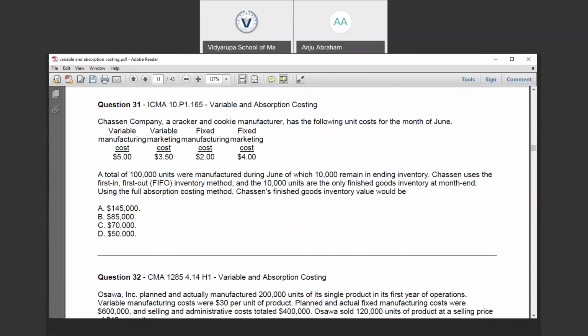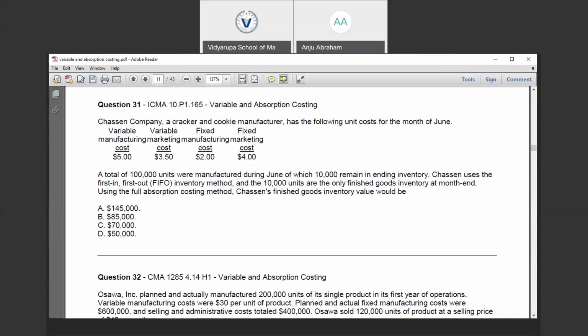Variable manufacturing, variable marketing, fixed manufacturing, and fixed marketing costs are provided to us. A total of 10,000 units were manufactured during June, of which 10,000 remain in ending inventory. Chasen uses the first in first out inventory method, and the 10,000 units are the only finished goods inventory at the month end. Using the full absorption costing method, Chasen's finished goods inventory value would be.